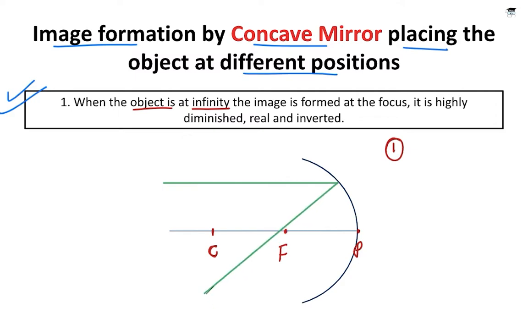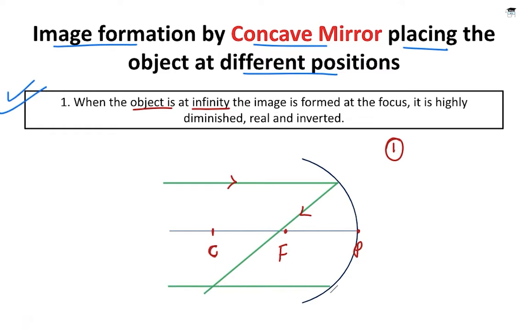okay, it's not passing through the focus in my drawing, but it's okay. When a ray of light which is parallel to the principal axis is reflected, it passes through the focus. Okay, so let's draw the arrows. I can take another ray of light which is parallel to the principal axis.